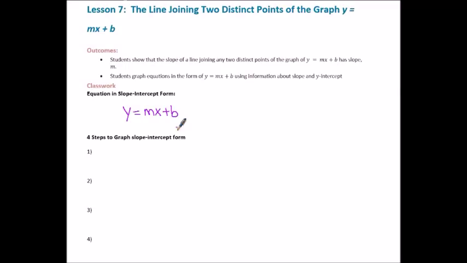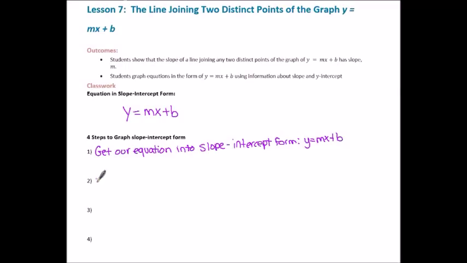Step 1 is we need to get our equation into slope-intercept form, which, if you remember, is y equals mx plus b.